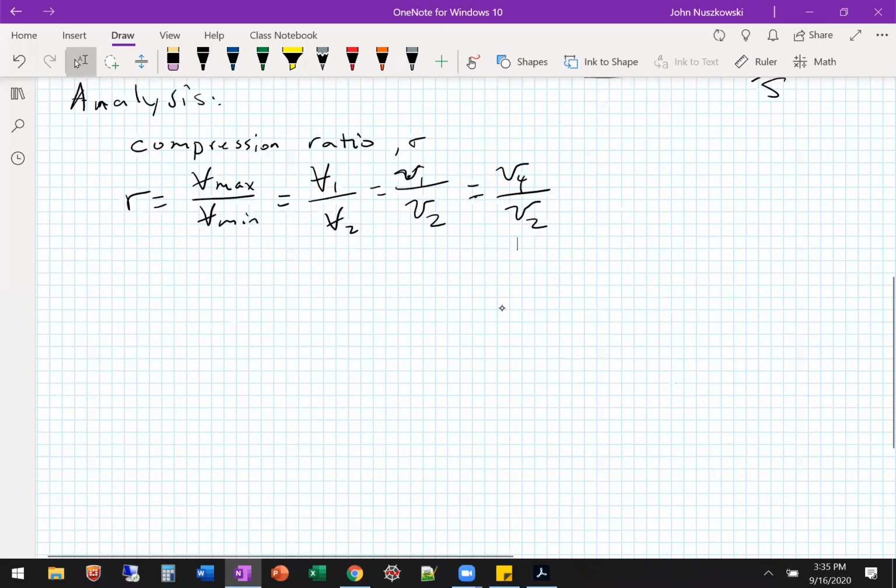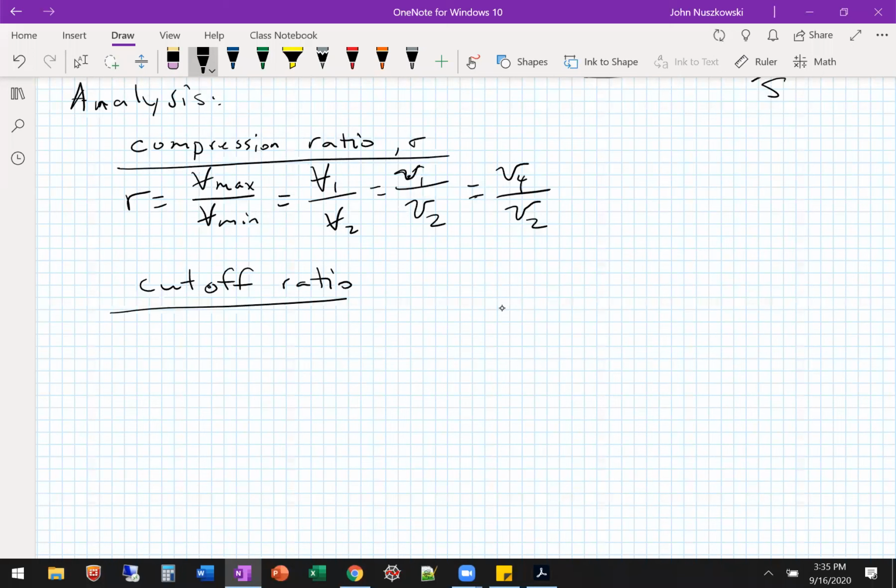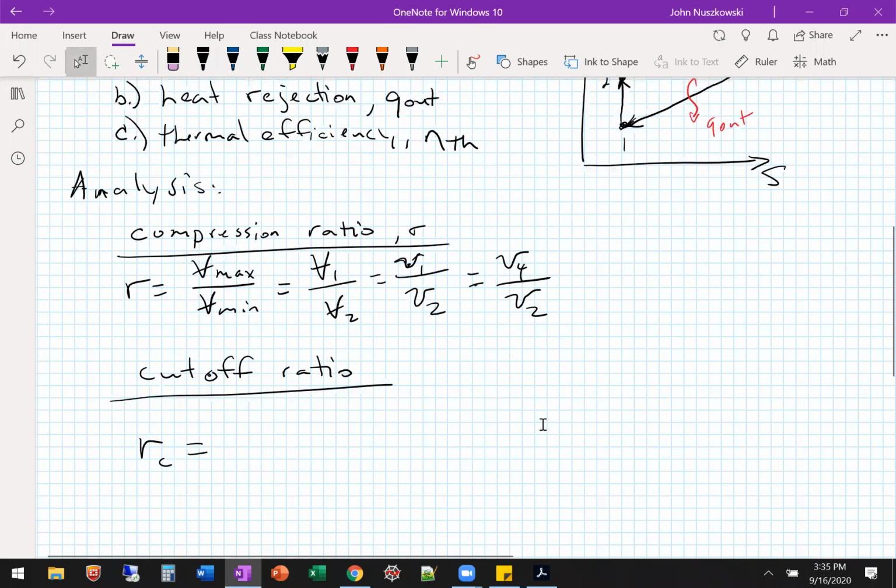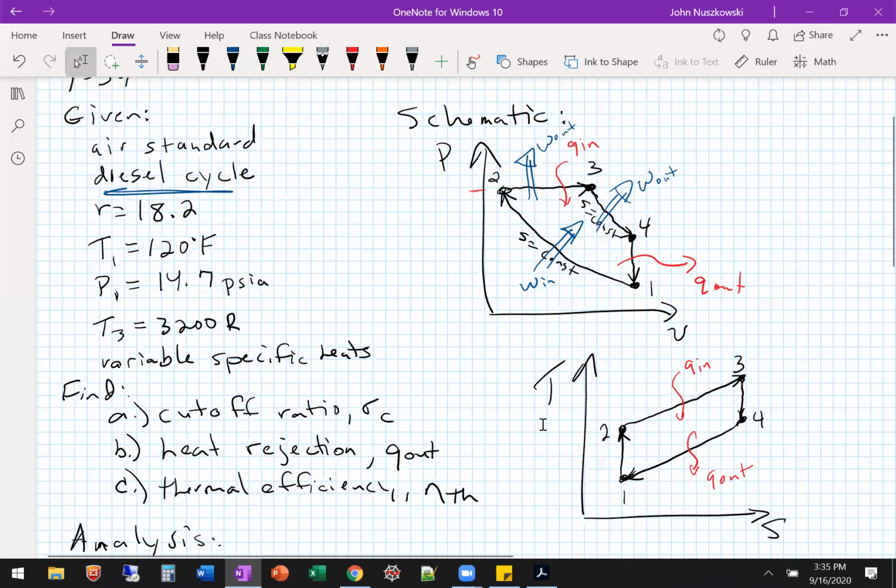Now we need the cutoff ratio. What is that defined as? Does anyone remember? The compression ratio related the smallest volume to the max volume.